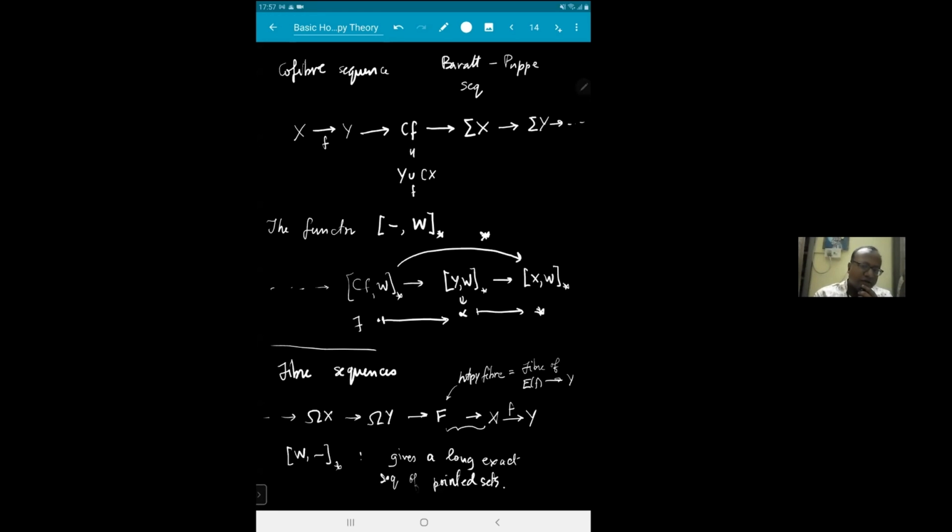I don't want to write here because I think I will send the slides to ICTS. But you see, cohomology of Y comma X is nothing but the reduced cohomology of the mapping cone.